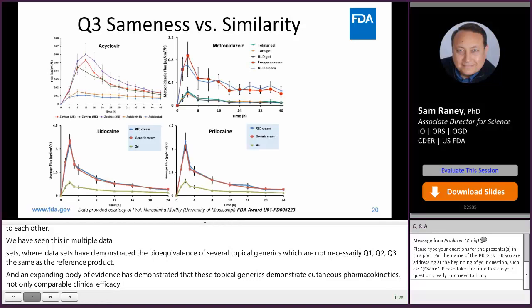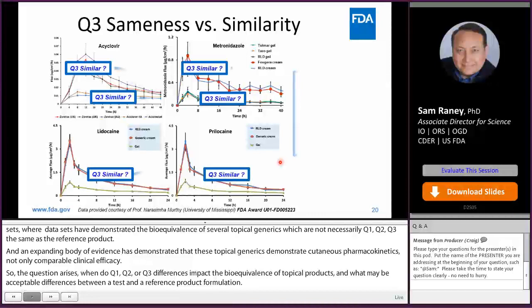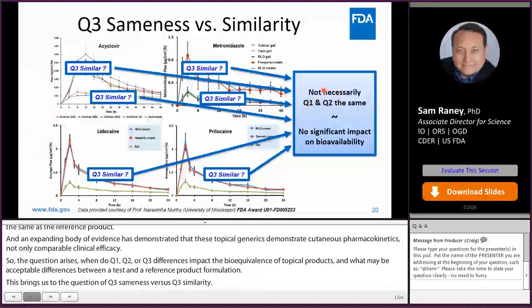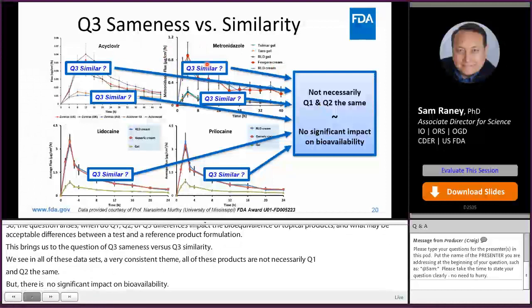We see in all of these data sets a very consistent theme that all of these products are not necessarily Q1 and Q2 the same, but there's no significant impact on bioavailability. So if the underlying matter is not the same, but the Q3 characteristics are well matched, can we say that they are Q3 the same?